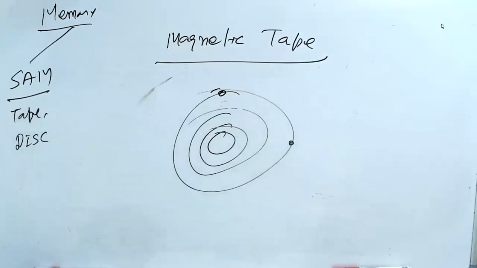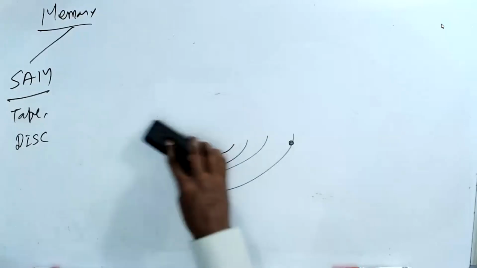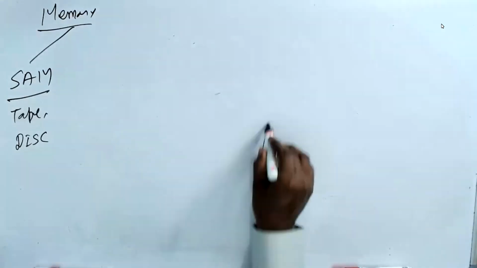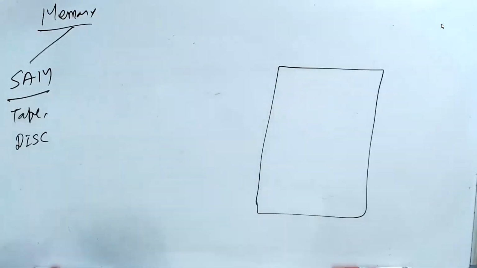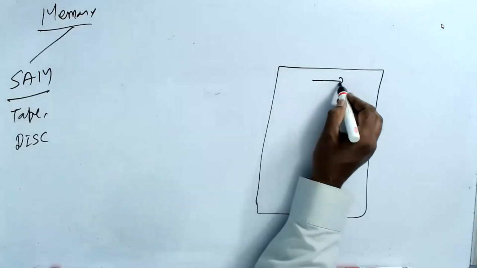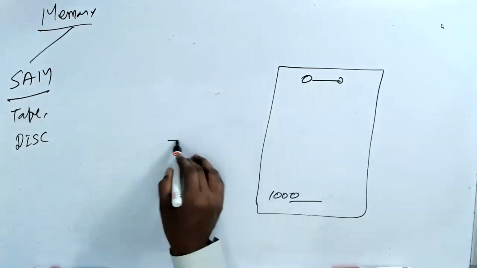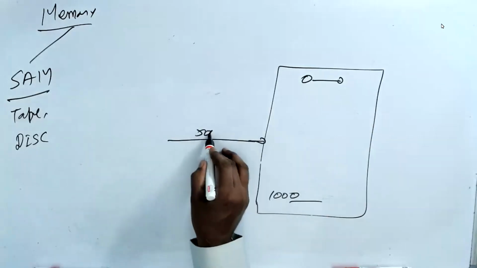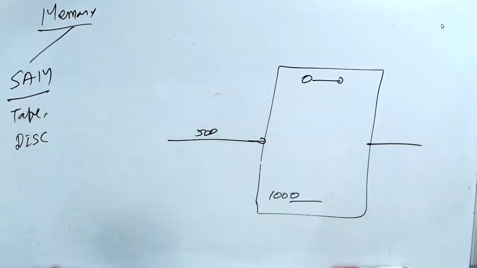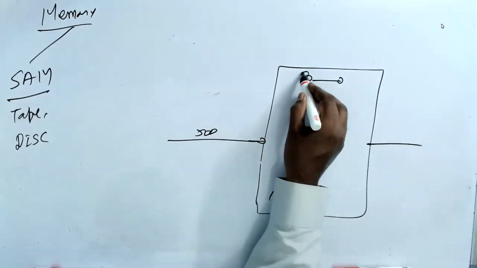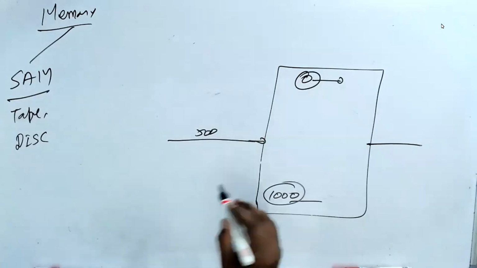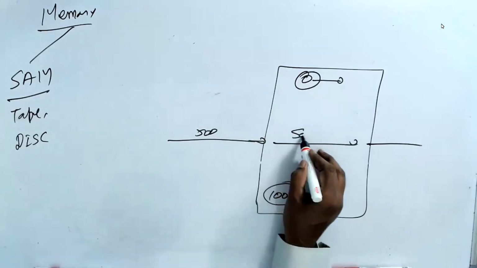But what the engineers want is this: I have a memory, maybe location 0 or location 1000. If I say any location, 500, I should get the data in the same time. Irrespective of location 0 or 1000, the time should be the same.